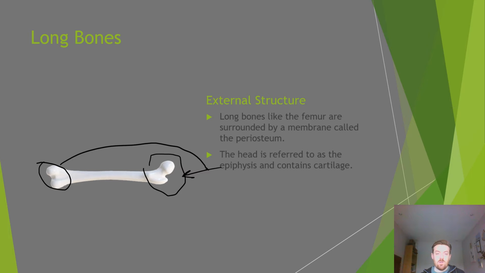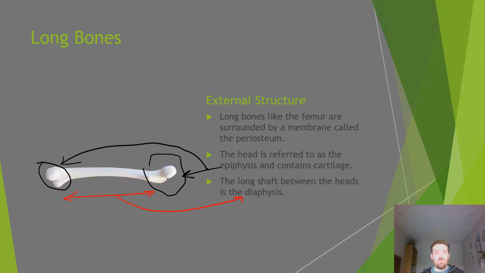All right. Both of these guys are epiphyses. And the long shaft between this guy is called your diaphysis. All right. Your diaphysis. Okay. And there's the bone rotating there. All right. Just to give you an idea of what it looks like.